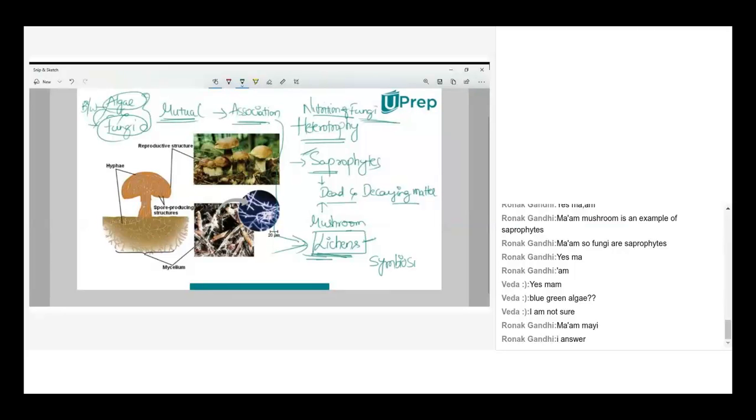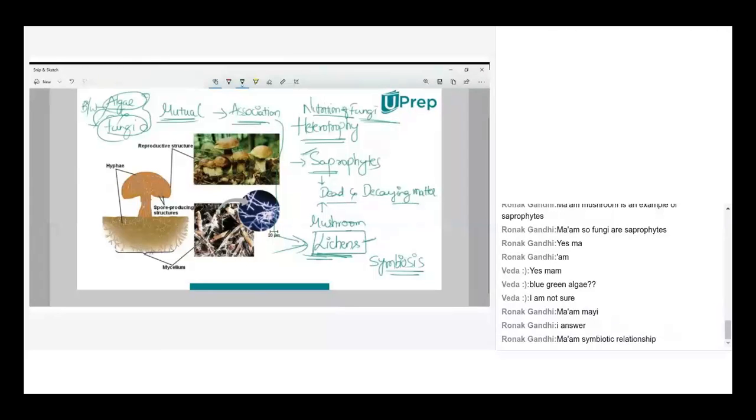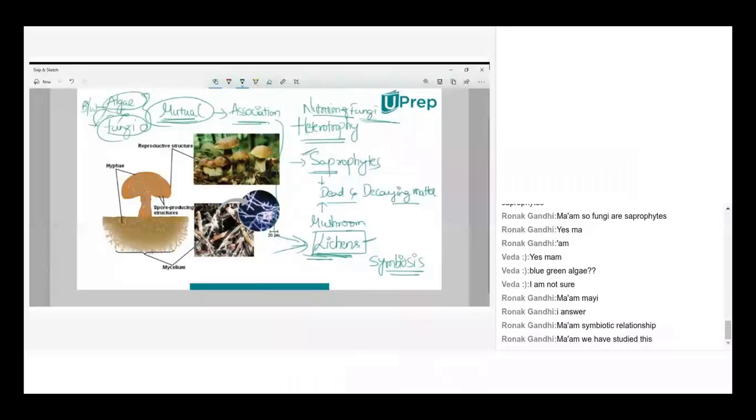So symbiosis is a kind of living. Yes, Ronak, symbiotic relationship. Symbiosis is mutual association. The algae and fungi are not like a parasite and host causing diseases, like bacteria getting into the body of an animal. That is a harmful association.